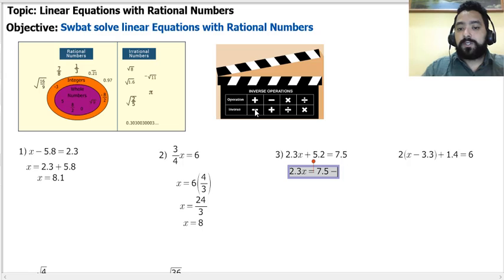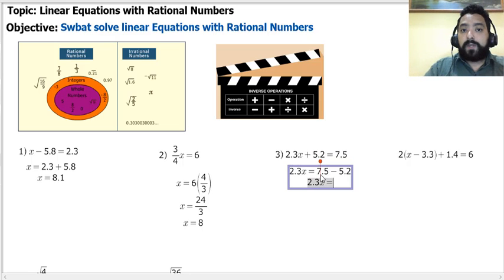Remember, this is transposition of terms, so 5.2. Now we're going to have 2.3x equals 7.5 minus 5.2. If you want to be sure, you can use a calculator. 7.5 minus 5.2 is going to be 2.3.